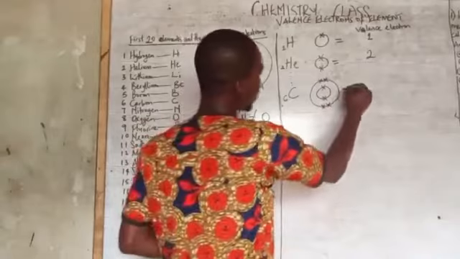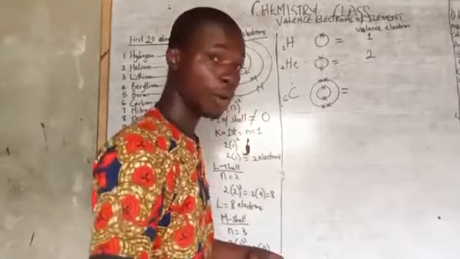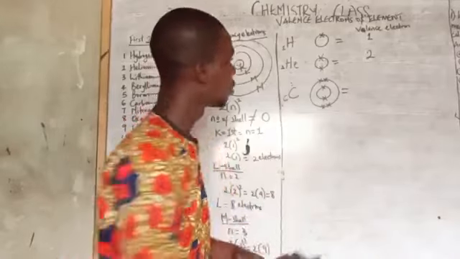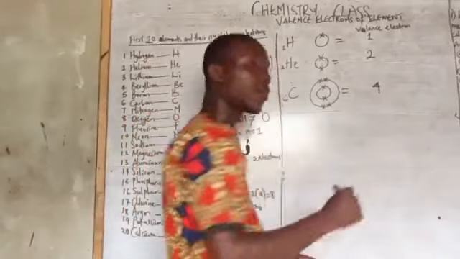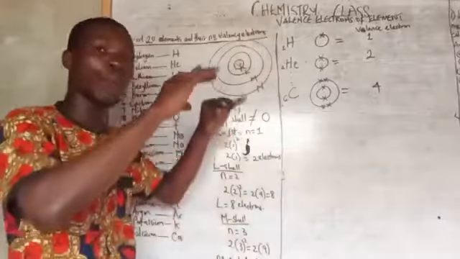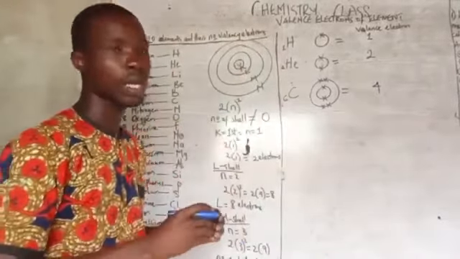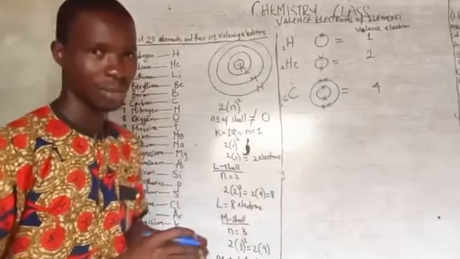So the valence electron of carbon is going to be how much? Good. 4. The number of electrons on the outermost shell is the same as the valence electron.